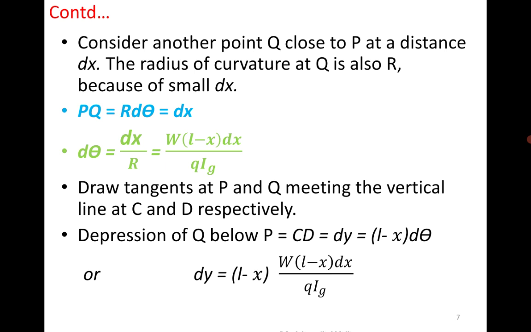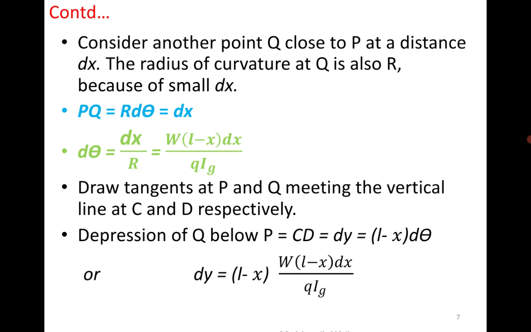The radius of curvature at Q is also R because of the small distance dx. Therefore, PQ is equal to R d theta and it is equal to dx. R d theta is equal to dx, so d theta is equal to dx by R. Then we know that 1 by R is equal to W into L minus x divided by Q into Ig, and dx as it is.